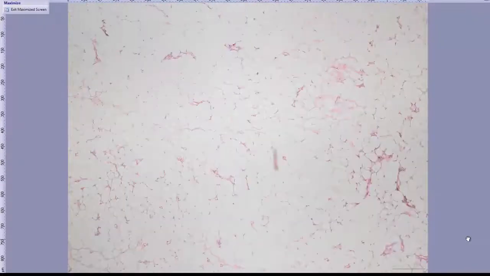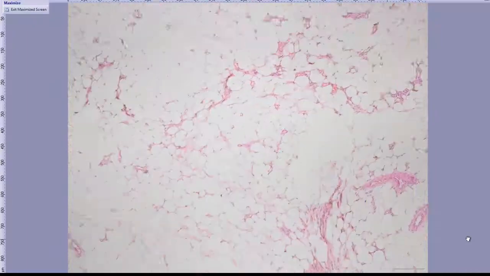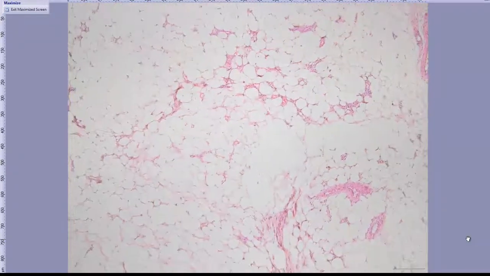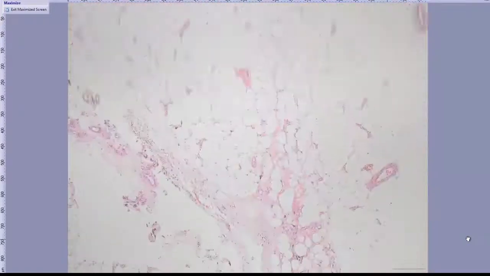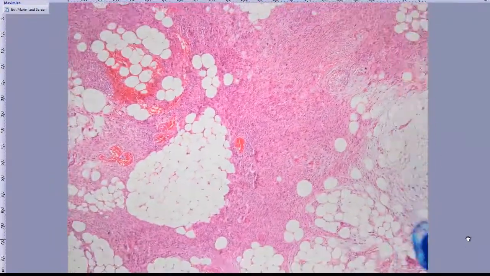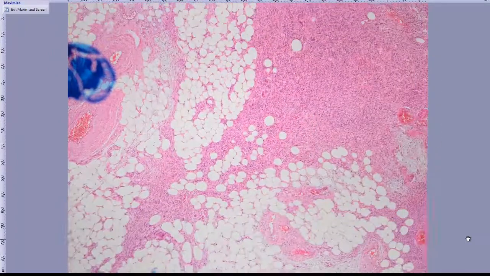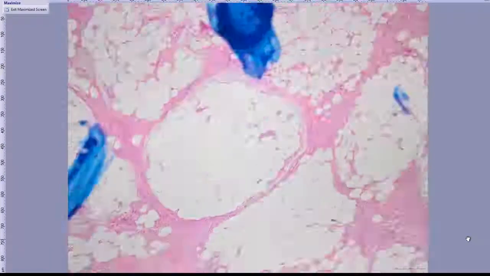we have this lipocyte or adipocyte rich lesion with some vascularity, and we have some hemosiderin accumulation at the low power, and we have some areas of hypercellularity and some other areas of myxoid change, and more hypercellularity and more myxoid change.